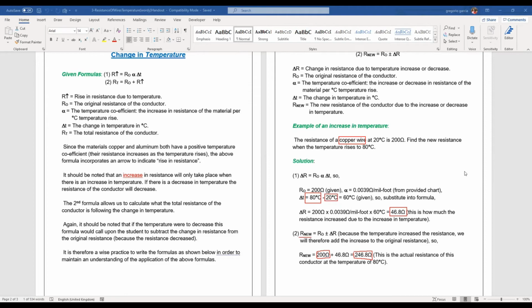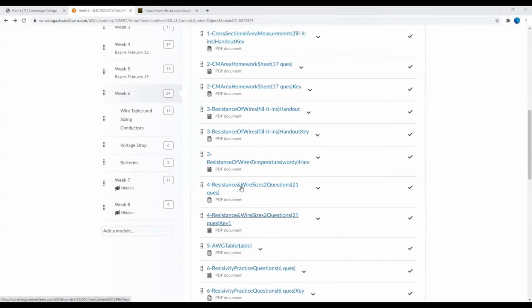No question. So anyways, you can always go back to this page, which is on Conestoga. What we are going to do next is take a couple of problems from Conestoga itself. So let me get back to Conestoga.